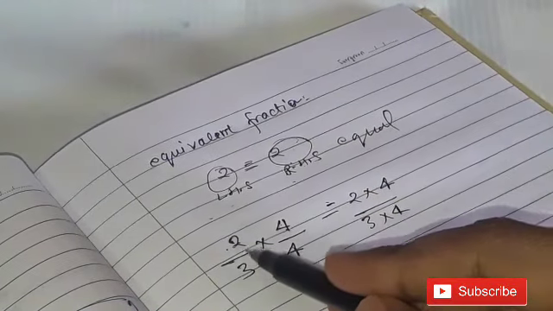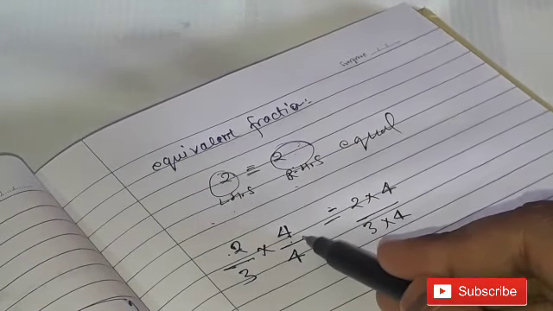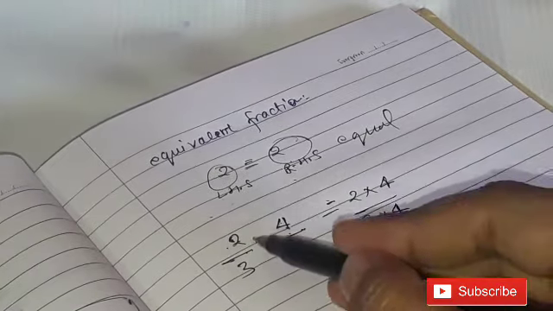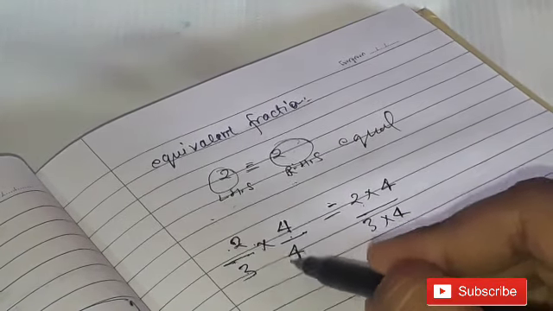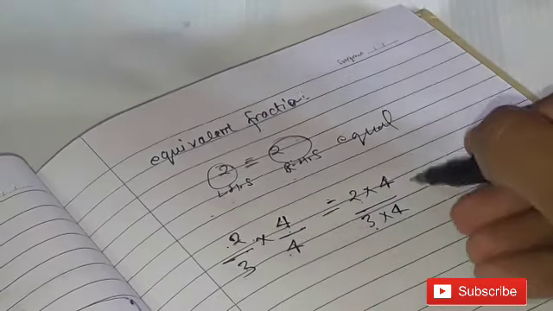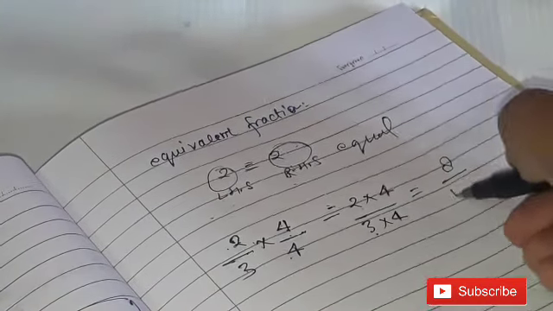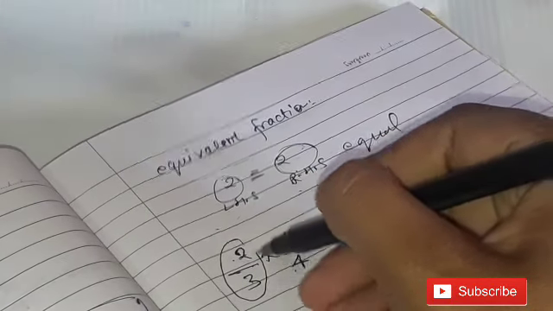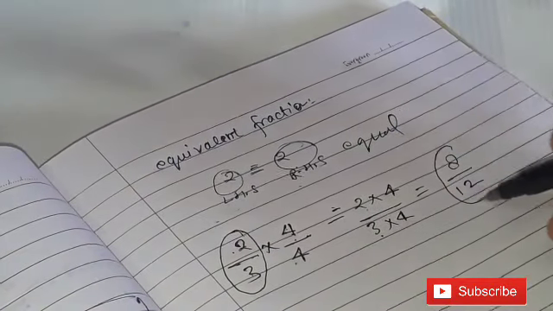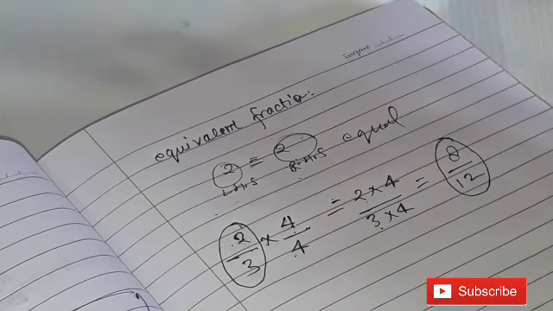Understand, class, the multiplication of fractions is always numerator into numerator and denominator into denominator. So your answer is 8 upon 12. So the equivalent fraction of 2 upon 3 is 8 upon 12.